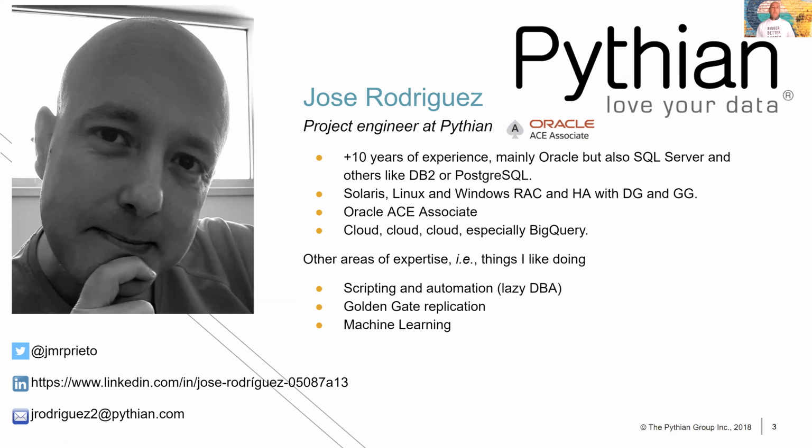A little bit about me. Name is Jose Rodriguez. I'm a project engineer at Pythian, been there for 3 years now. I'm an ACE associate. I've been working on database stuff more than 10 years now. Anything you may think of: Solaris, Linux, Windows, high availability, replication, all that kind of stuff.